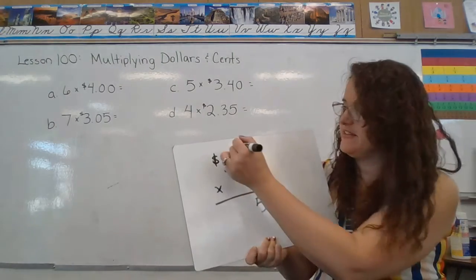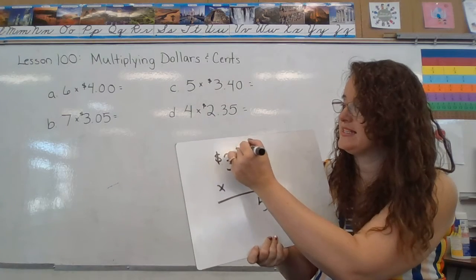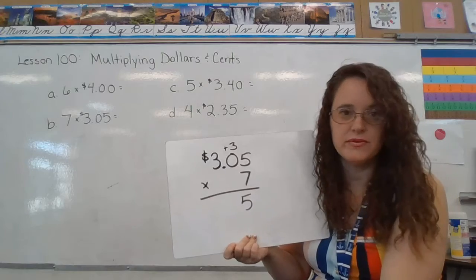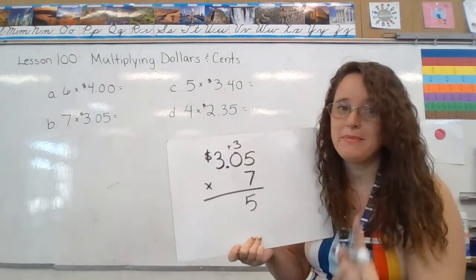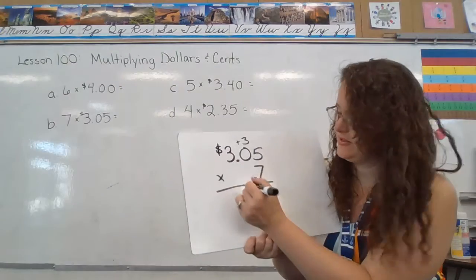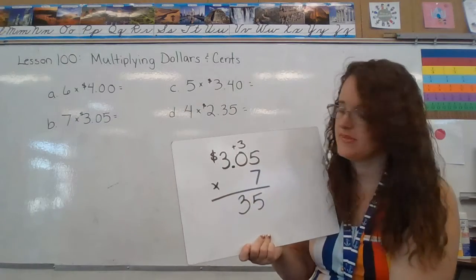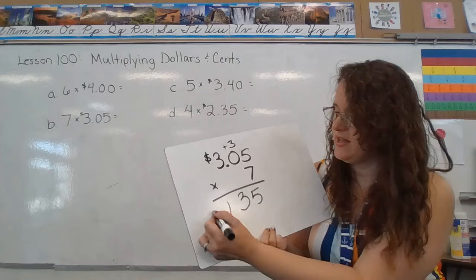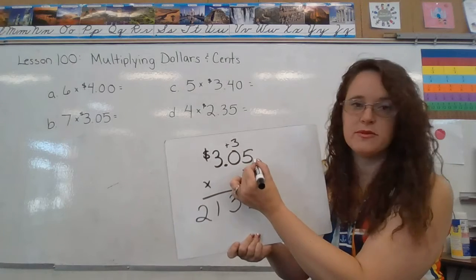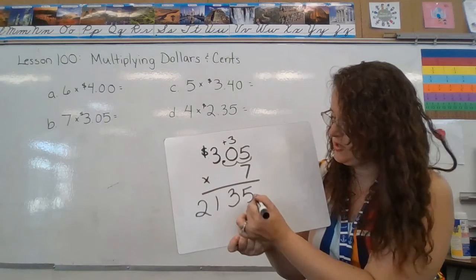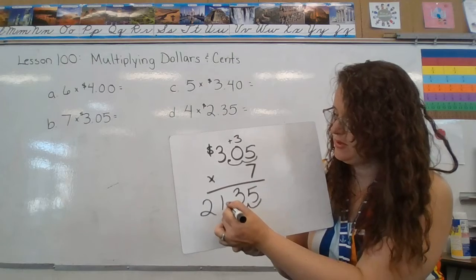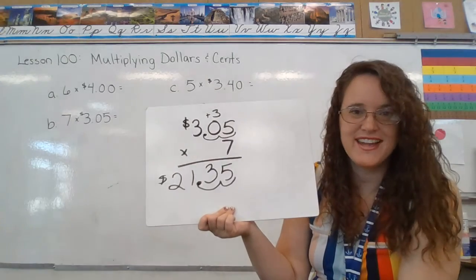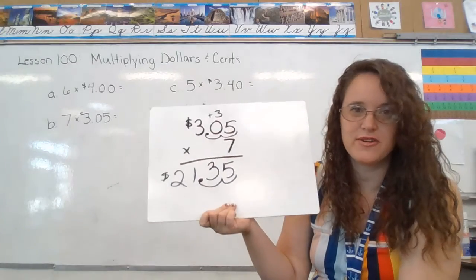We write our 5 down there and we carry our plus 3. Then we have to do 7 times 0. That's 0 plus 3. So we just have a 3 here. Then 7 times 3, 21. Count our decimal places, 1, 2. Put a decimal point and a dollar sign, and we have $21.35.